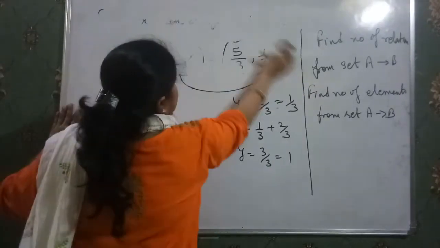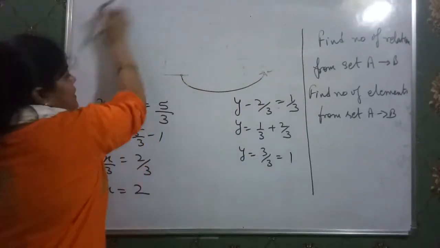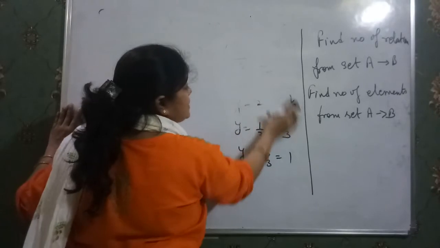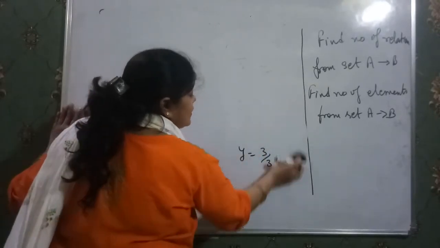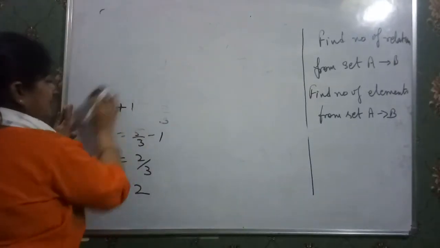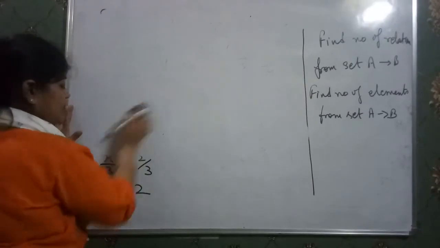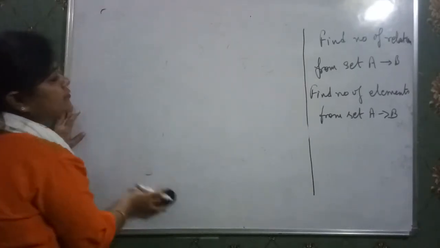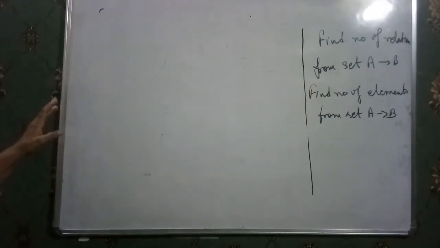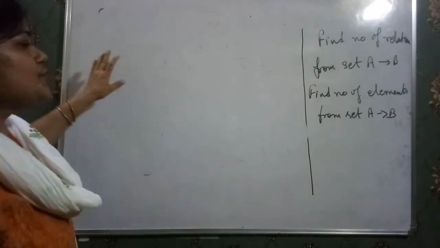Okay, now I am going to explain these types of questions also. This whole video is the base for the lesson on relations in your mathematics. After watching this video, just open your textbook and try to do the questions. I am sure that you will be able to solve them.